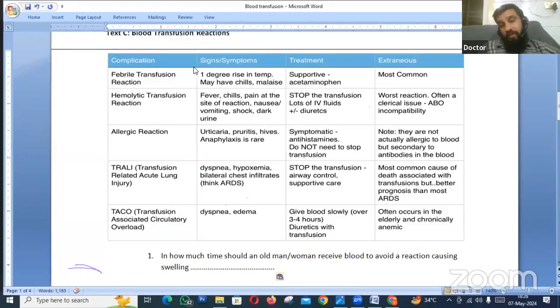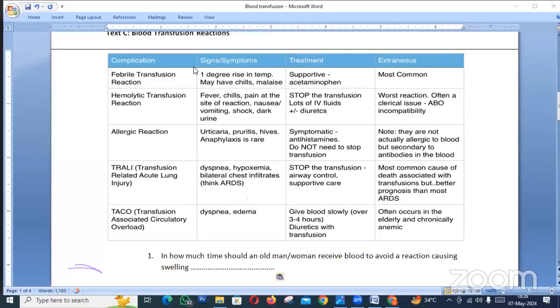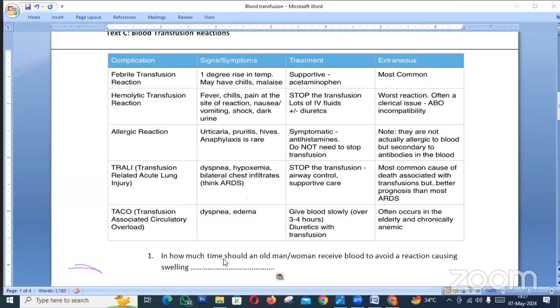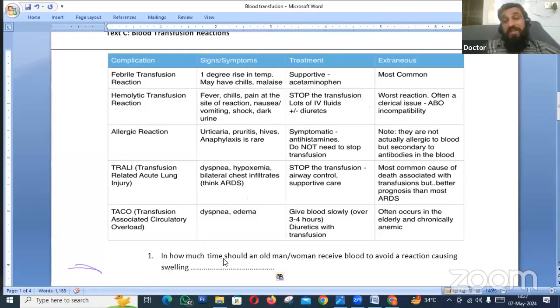What are they asking in the question? How much time? Even if you write slow, they're not asking for that. They're just asking for the time. You don't need to mention even slow. Just read the question: in how much time. Okay, only we have to mention time.